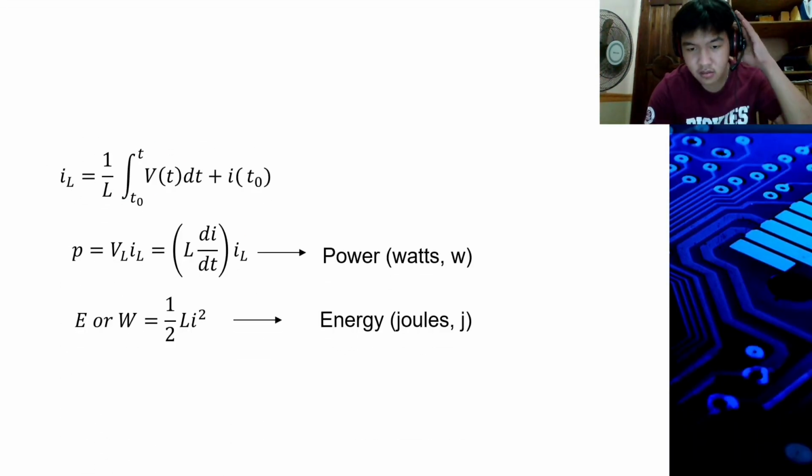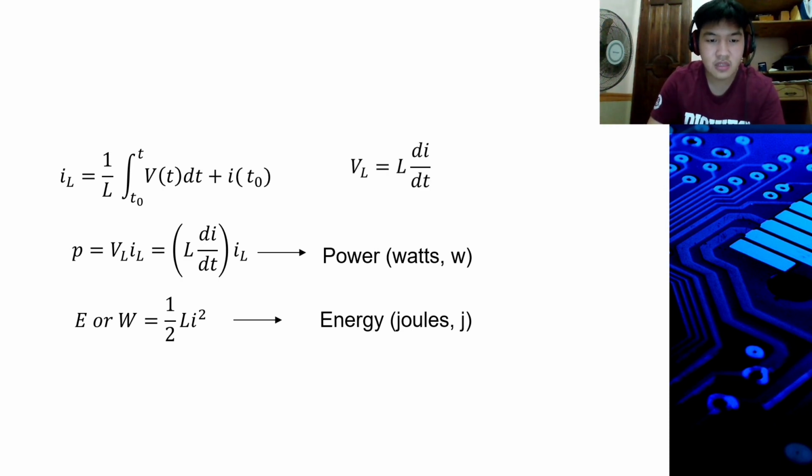Now, other formulas we can use for the inductor. Based on this formula, V is equal to L di over dt, we can manipulate it and get this formula: i equals 1 over L integral of v(t) dt from t0 to t plus i(t0), where i(t0) is the initial value of the inductor current.